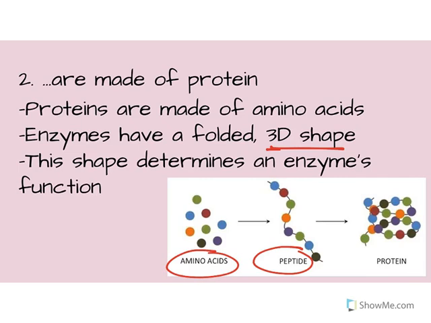So remember that these enzymes are made of proteins, most enzymes, and proteins are made of amino acids. So they're a specific type of protein, and their shape determines their function. So if their shape is messed up, their efficiency is also not so good. So their shape is everything. We're going to talk about how that helps them do their job.